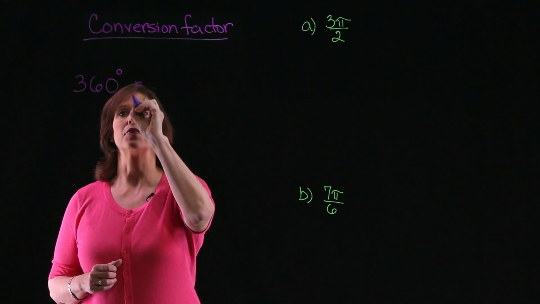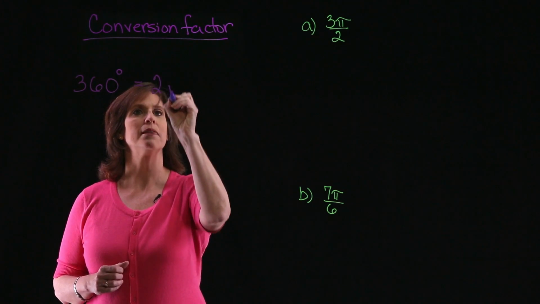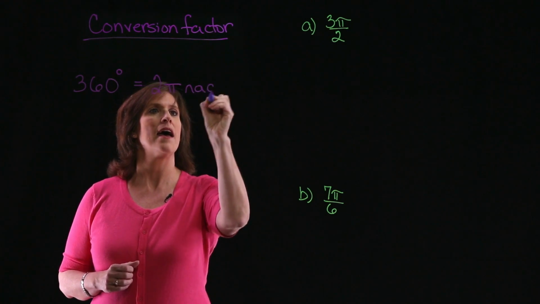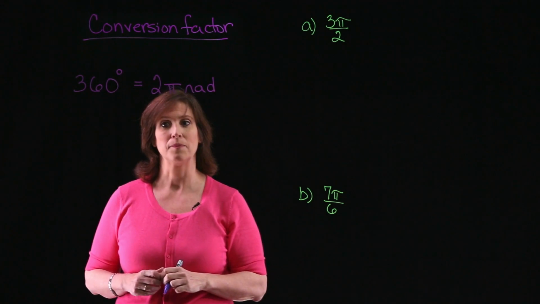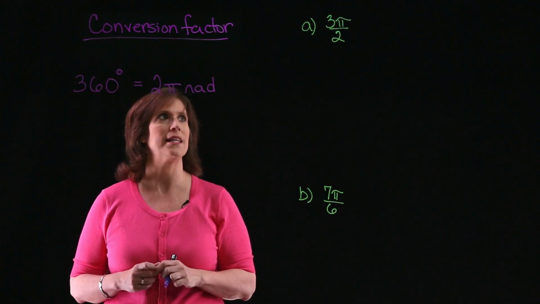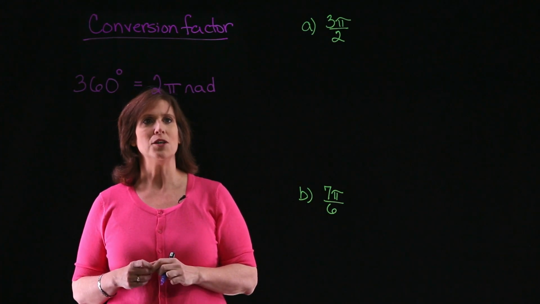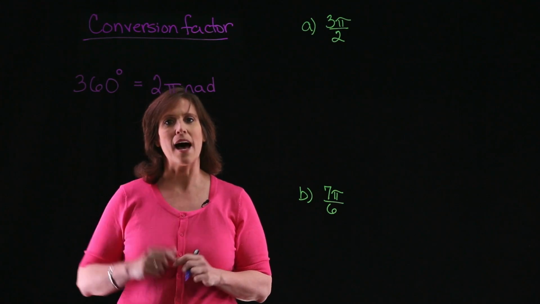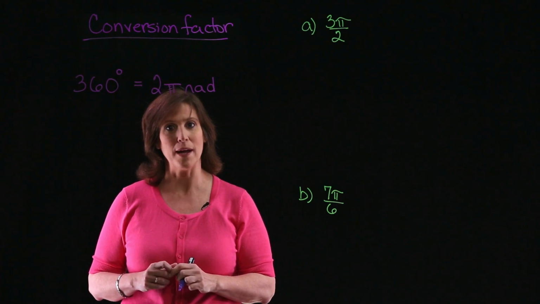So that means that 360 degrees is the same thing as 2 pi radians. All right, well, we're looking for a conversion factor. How do I go from one to the other? Well, what we're going to be doing is we're going to take both sides and divide by 2 pi radians.